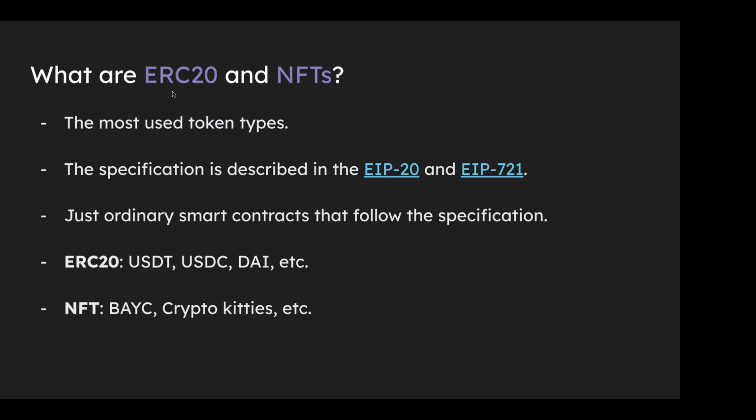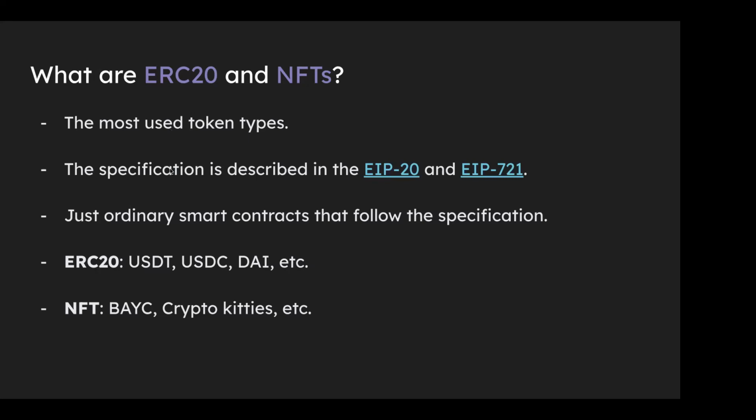So it is fungible, meaning that one unit of token is interchangeable with another unit of token. And NFTs are usually collectibles, a standard to represent something unique, non-fungible. So an individual unit is not exactly the same as another individual unit.